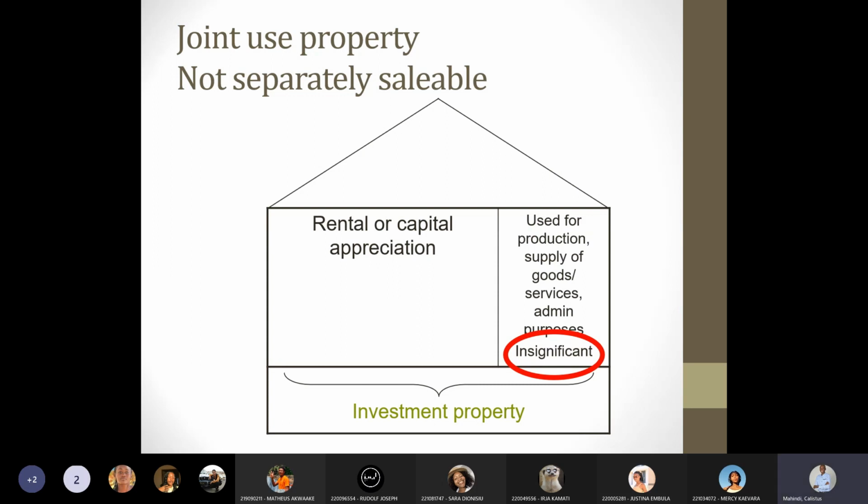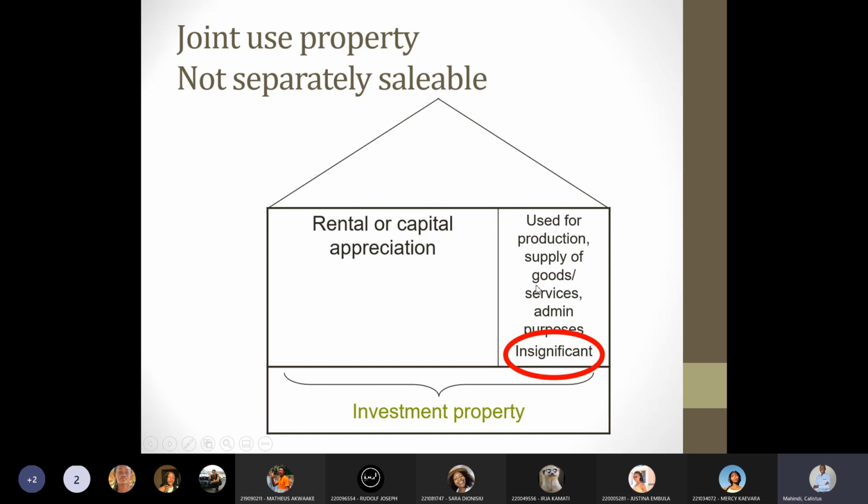If you look at this house, the bigger portion is used for rental or capital appreciation, where my pointer is in red, and the smaller portion is used in the production or supply of goods or services or for administrative purposes. We are told that the smaller portion is insignificant in relation to the total property.